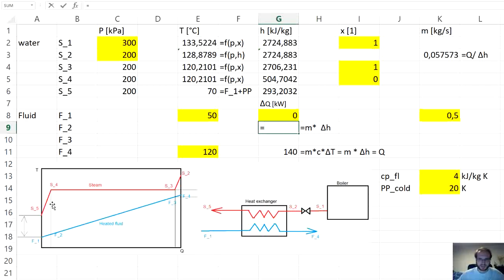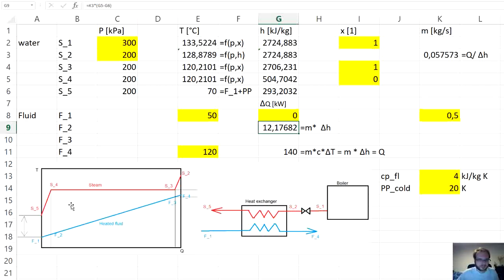And m times delta H is the mass flow rate of steam multiplied by the difference between points S4 and S5. And we get that it's 12 kilowatts.